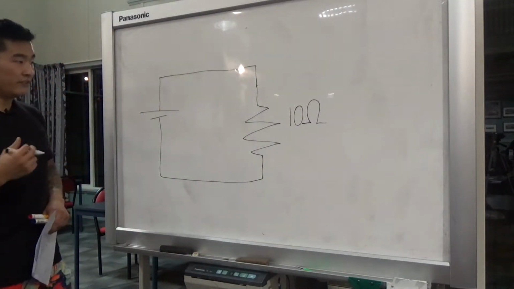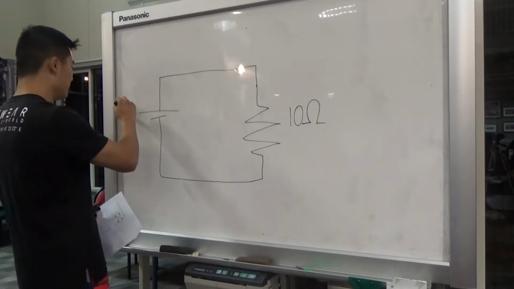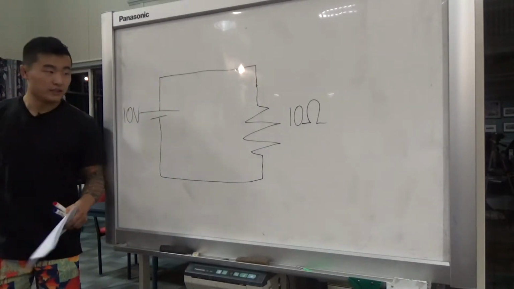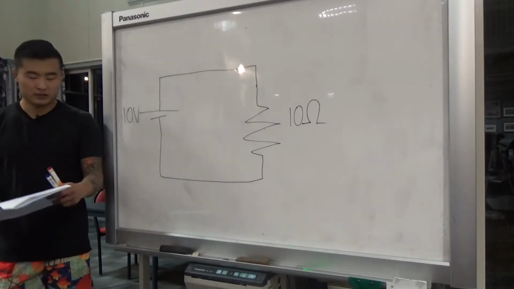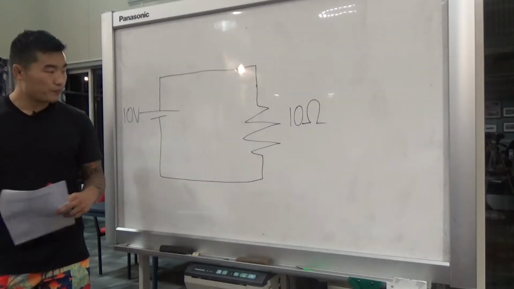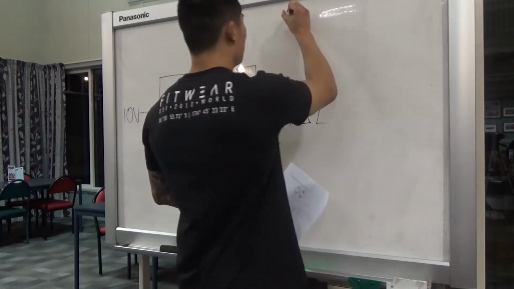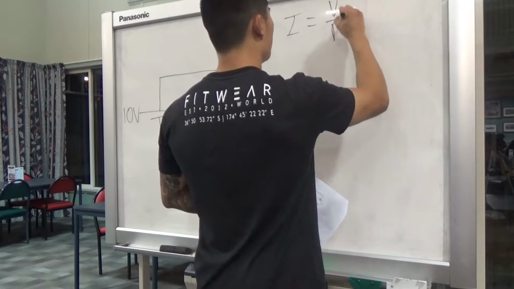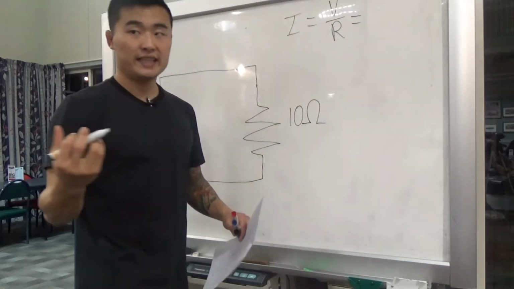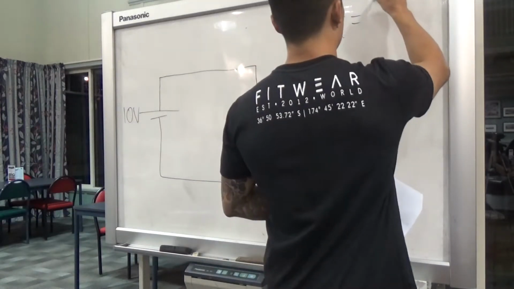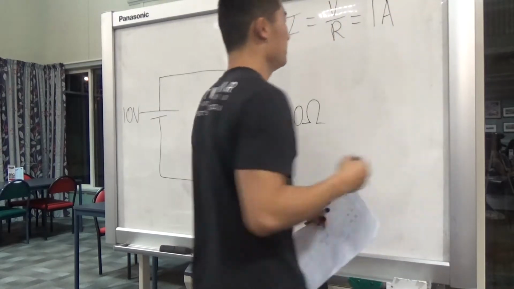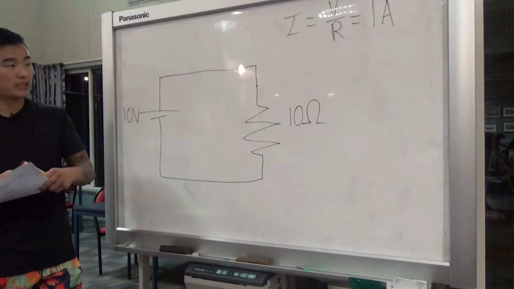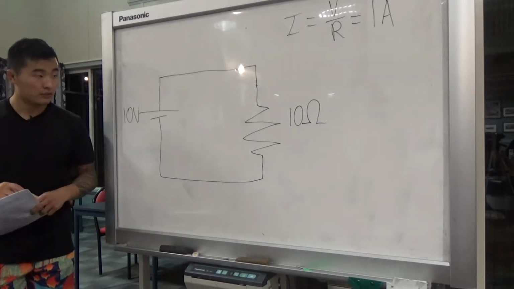And we have a voltage of 10 volts, okay? So this is just our example circuit. Now, the amount of current that can go through is going to be V over R. So that's 10 over 10, which is just 1 amp. So there'll be 1 amp of current going through this circuit, right?